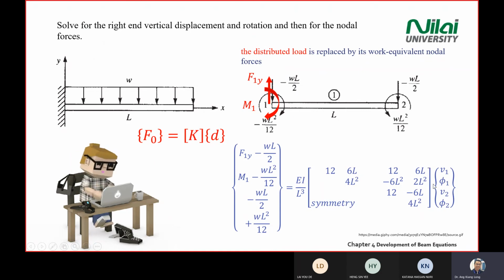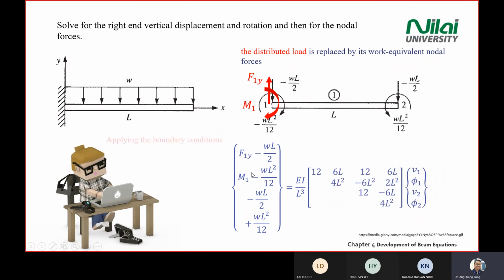And the displacements inside the system are V1, rotation 1, V2, rotation 2. All right. The next slides are just normal mathematical solving steps. It's important that you understand what you see on the screen now.